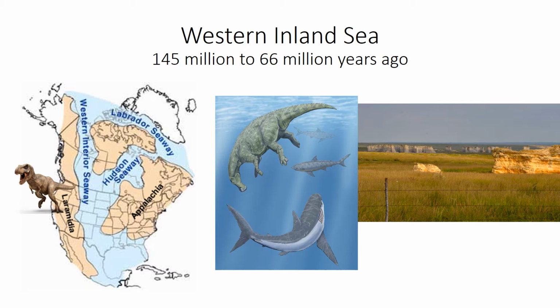Now, if you'll notice on the map, over on the left, to the far west, you've got essentially Arizona, Nevada, Idaho, Washington, Oregon, California, Baja, Mexico. That was all above sea level, and there's a picture of a Tyrannosaurus Rex there.